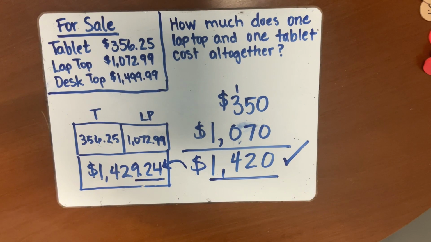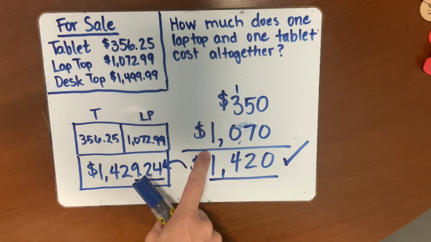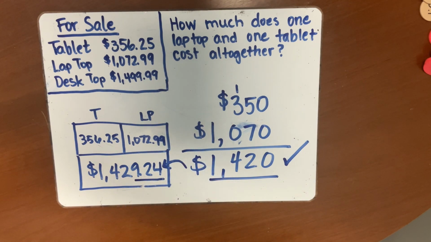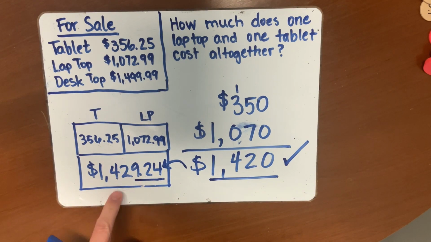How might you use estimating to estimate this? Would you use 350 and 1,070? Or is there another reasonable number that would still work, that's a good estimation? It might not follow rounding rules, but it'd be reasonable. Go ahead and finish this video with a discussion of what other estimations would make sense to check this work.